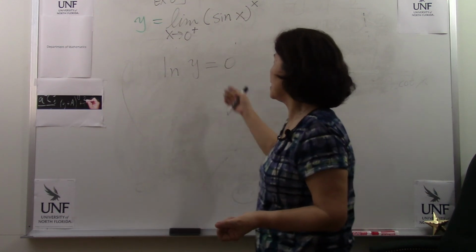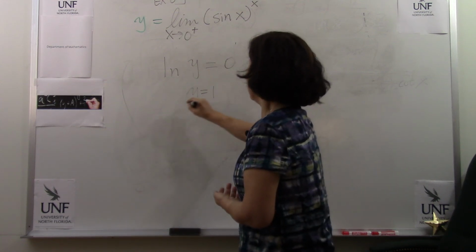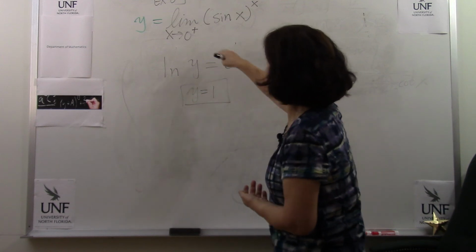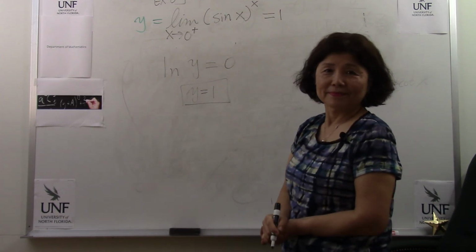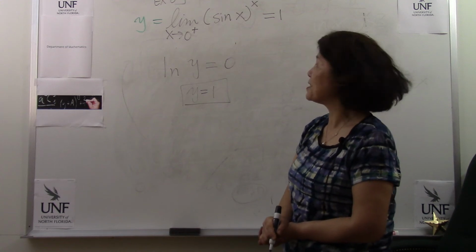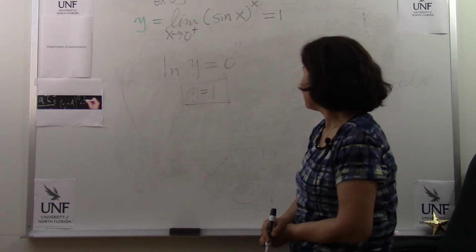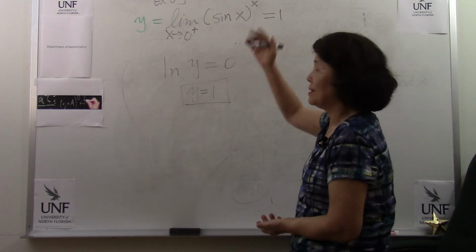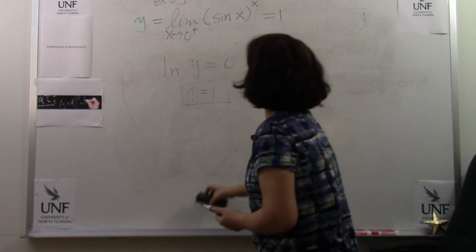So what can you tell about y? Of course, y equals 1. So in other words, this limit is 1. Okay, so this is about as complicated as it can get in terms of complexity.